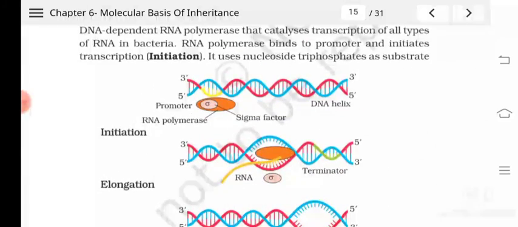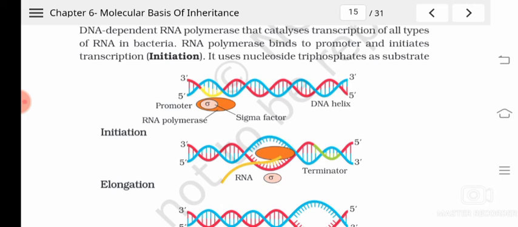Then you will have to say how it initiates. When the RNA polymerase with the help of sigma factors binds to the promoter region, a small part of the DNA will get opened, okay, and that initiates the transcription process. Okay, then elongation, what you will say?